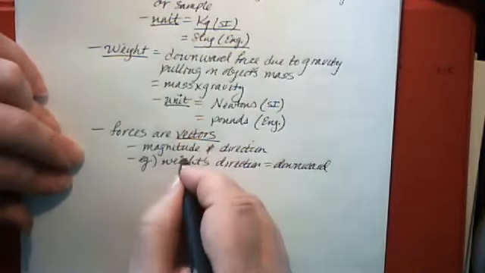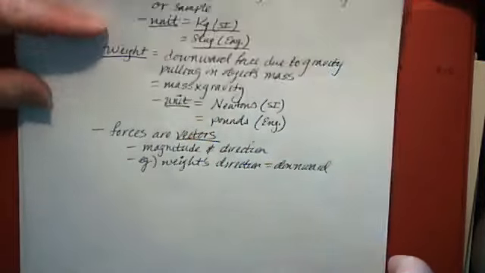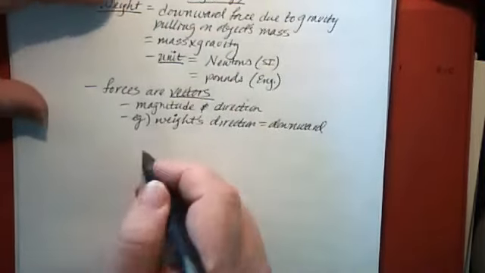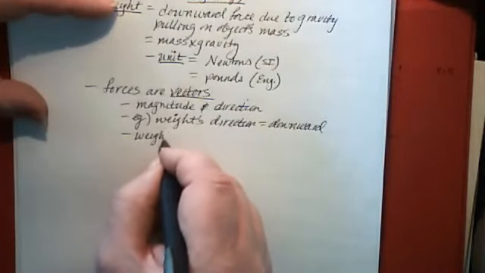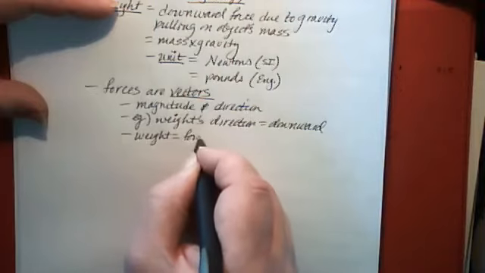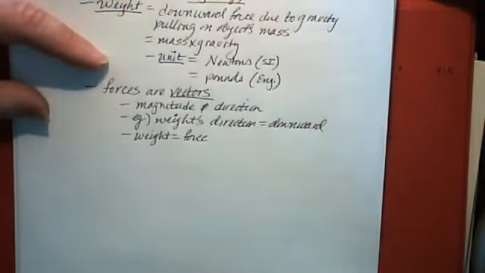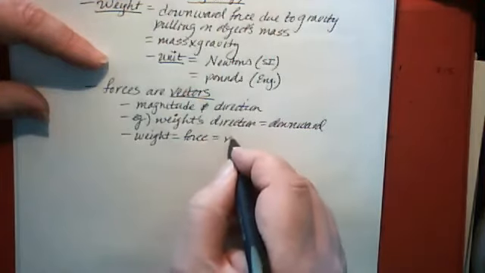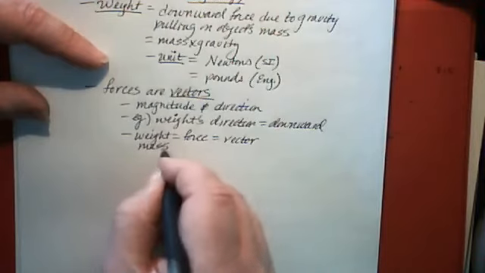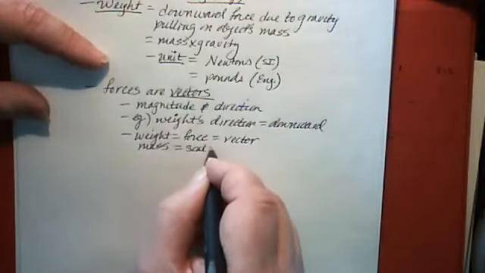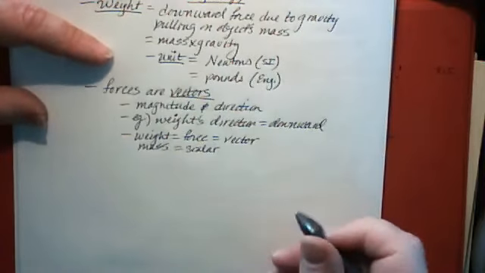But for other forces, there could be any direction, but there is a direction. So weight, being a form of force, is a vector. But mass is a scalar because there's no direction associated with it.